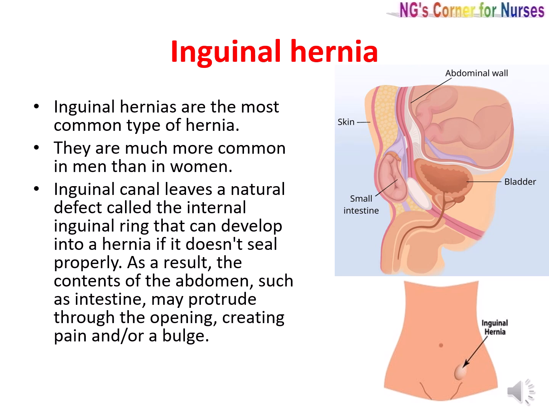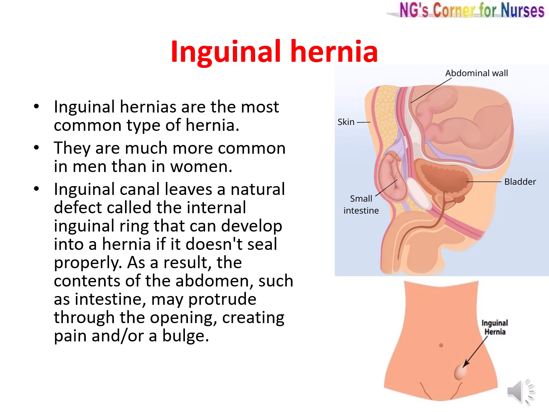And this leaves a natural defect called the internal inguinal ring that can develop into a hernia if it doesn't seal properly. As a result, the contents of the abdomen such as intestine may protrude through this opening, creating pain and bulge. Inguinal hernias are located in the lower abdomen just above the leg crease, near or adjacent to the pubic area.